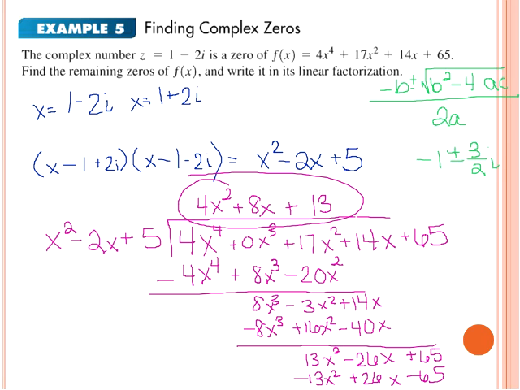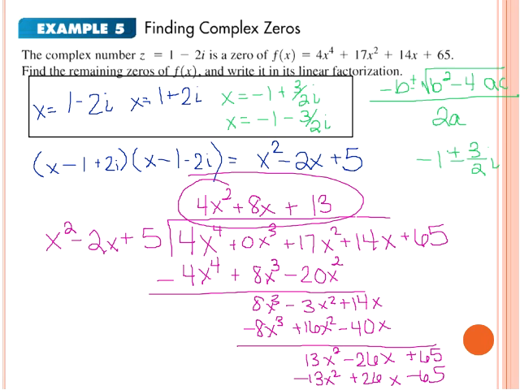So this polynomial, when you go to graph it, is actually not going to cross the x-axis at all, because all of its zeros are complex. All right, so there are the 4 zeros to that polynomial. Not very pretty.